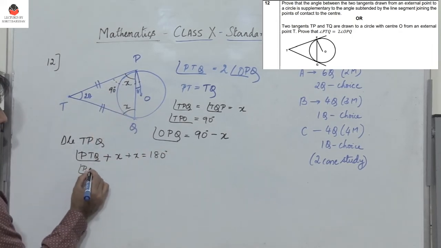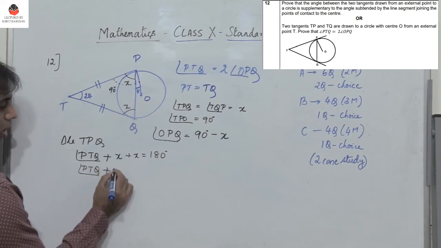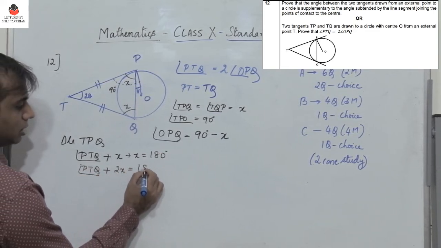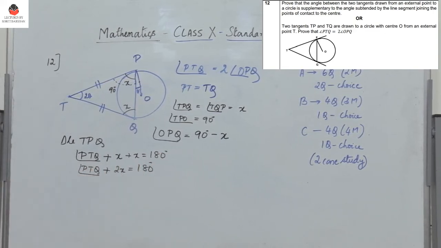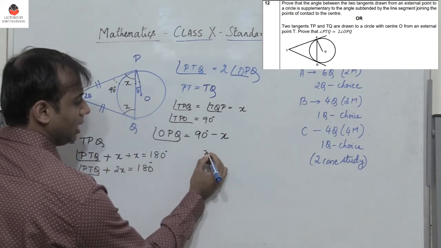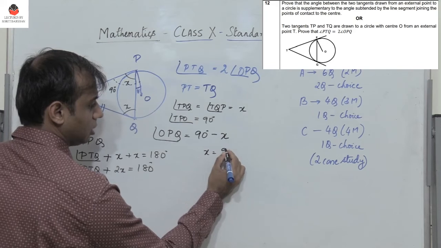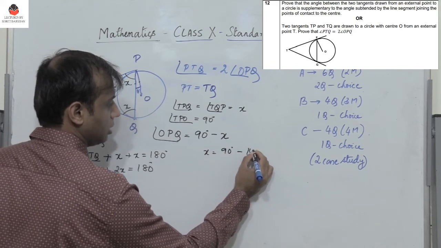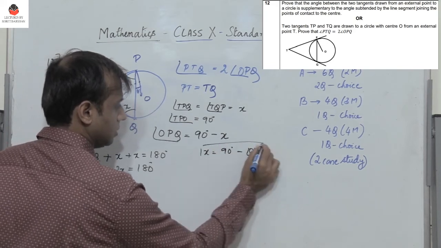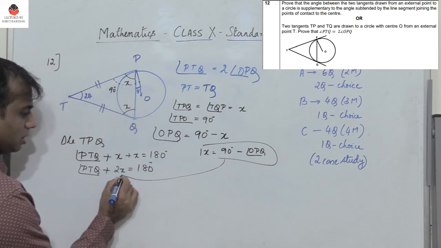So I have angle PTQ plus 2X equals 180 degrees. So from this expression, what is X? X is, if I take X to LHS and bring this angle here, you get 90 degrees minus angle OPQ. So this is X.